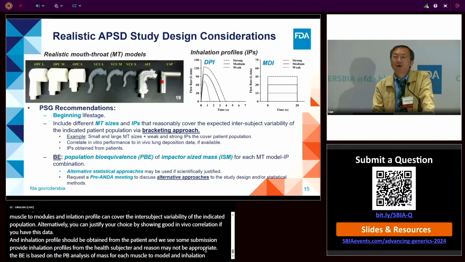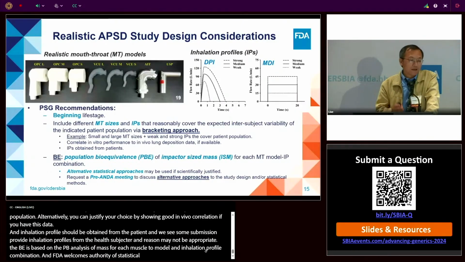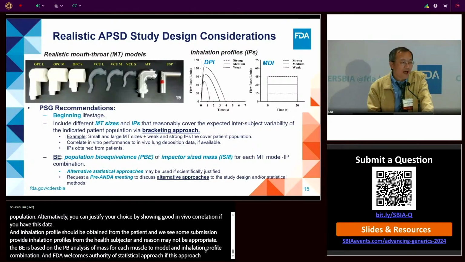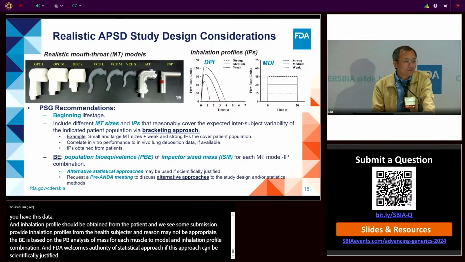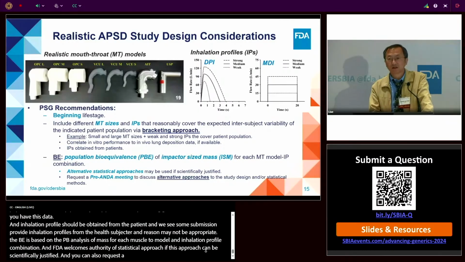And the FDA welcomes an alternative statistical approach if it can be scientifically justified. And you can also submit a pre-ANDA meeting request to discuss your proposed statistical approach.